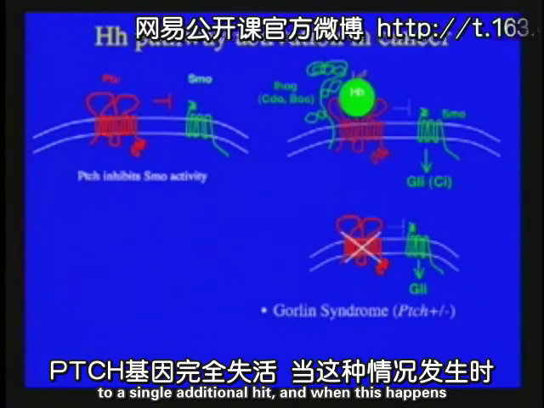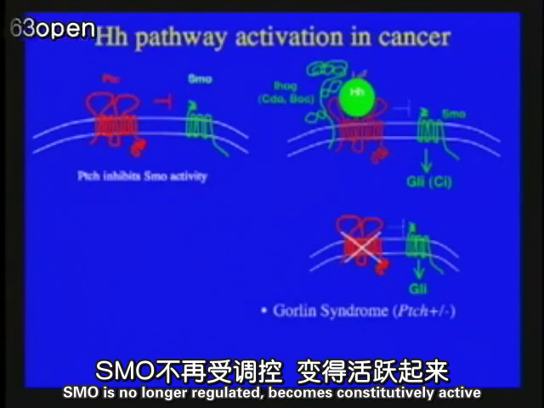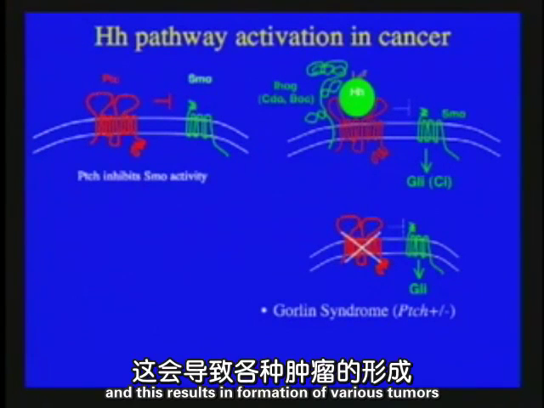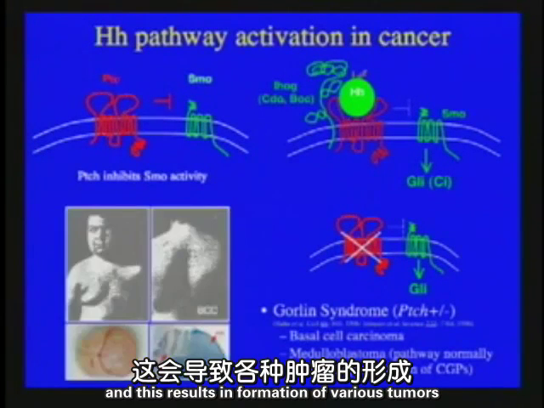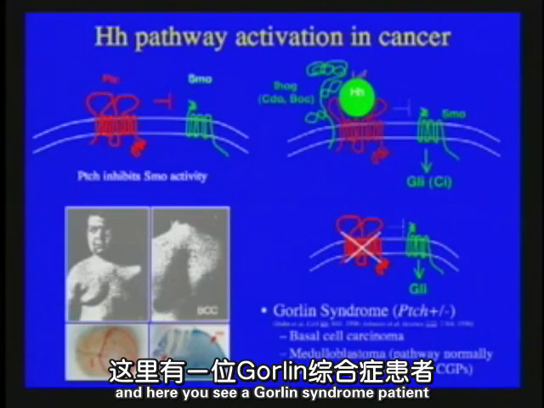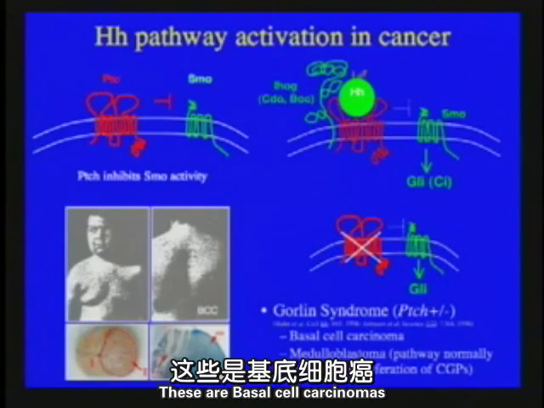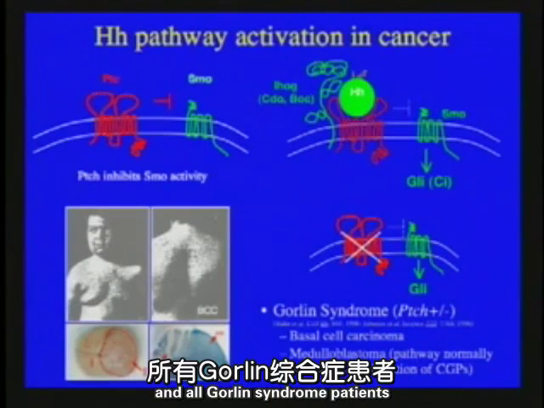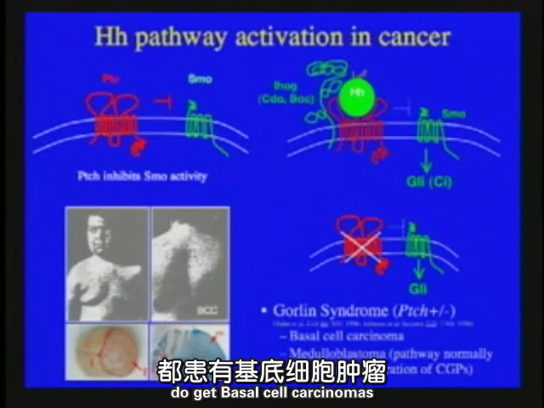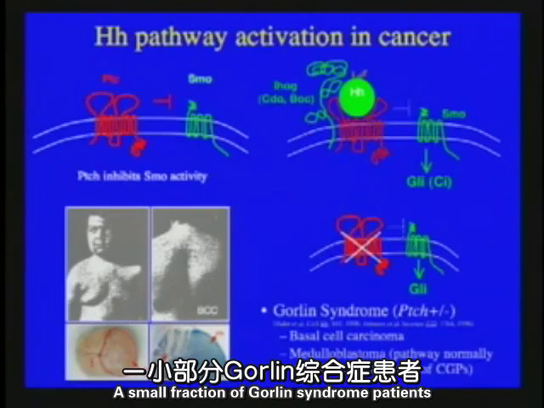And when this happens, smoothened is no longer regulated, becomes constitutively active, and activates the pathway, and this results in formation of various tumors. Basal cell carcinoma, for one, and here you see a Gorlin syndrome patient with a plethora of skin lesions. These are basal cell carcinomas, and all Gorlin syndrome patients do get basal cell carcinomas, particularly on sun-exposed regions of their skin.